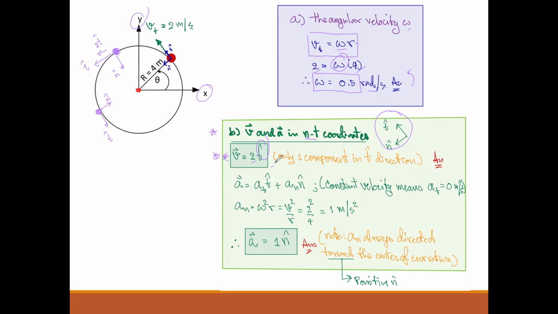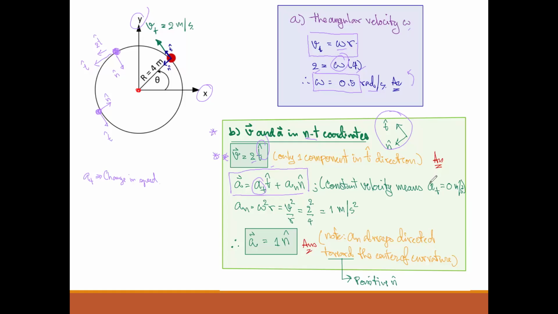And for acceleration we have two components. The acceleration in the tangential direction depends on whether you increase the speed or not; at is the change in speed. For this case, the problem gives us that the particle is moving along the circular path with constant velocity, so there is no change in speed.